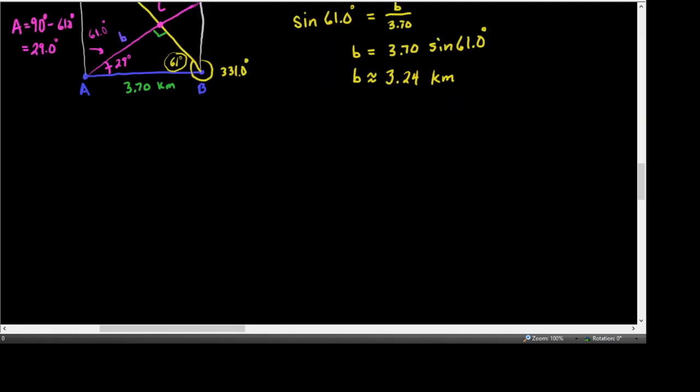Okay, so that's the first type. The second type of measurement of bearing is you start with a north-south line. Okay, and then your angle is closer to one of those than the other. So for example, the angle I draw right here, that's closer to north.